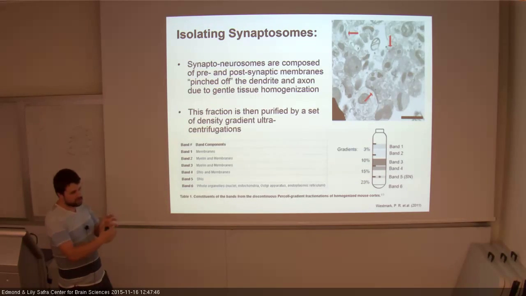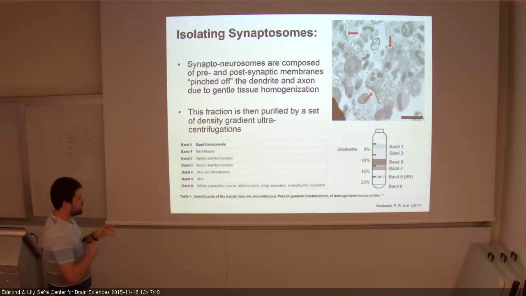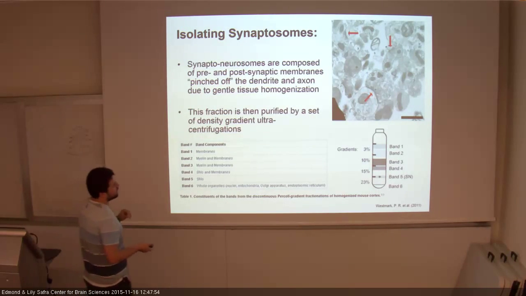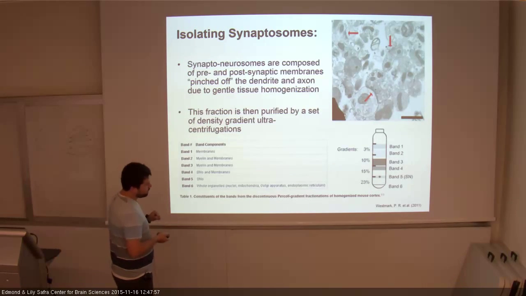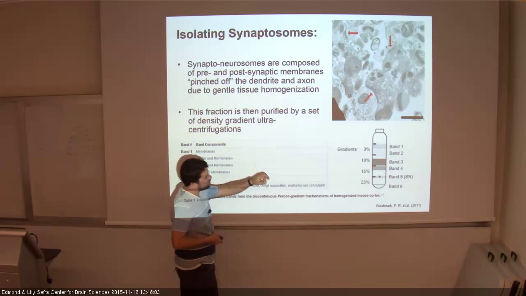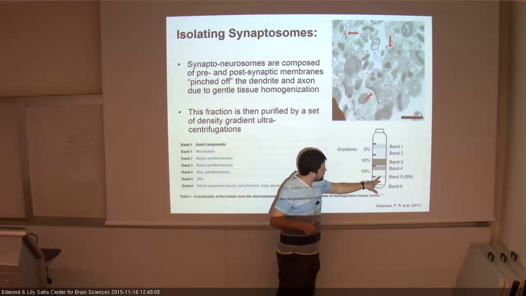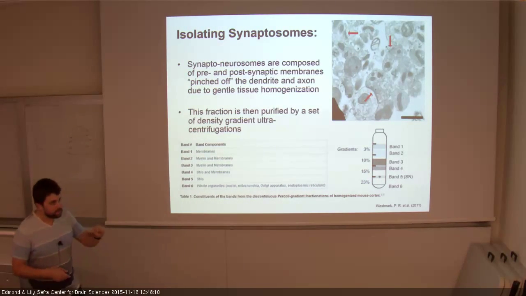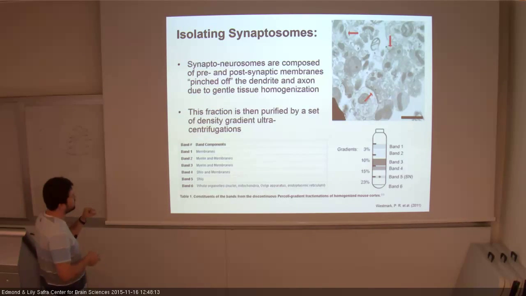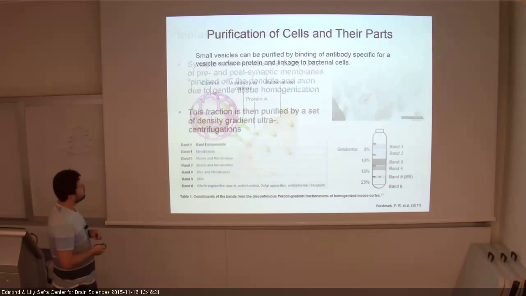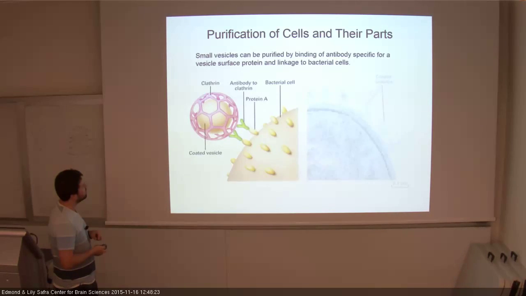If I just want to isolate that compartment and study synaptic proteins or synaptic mRNA or synaptic properties, then again I form this gradient and I put all the cellular homogenate over here. Because I chose a specific density that fits synaptosomes, I can isolate only synapses from this band after centrifugation. This is not important.